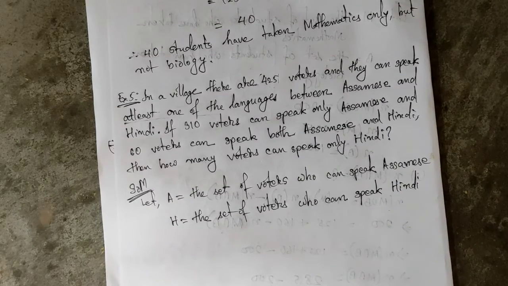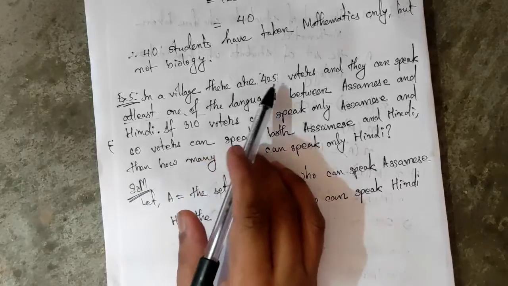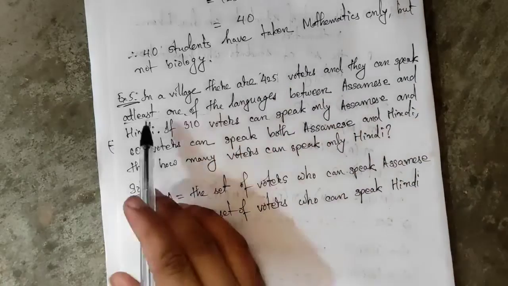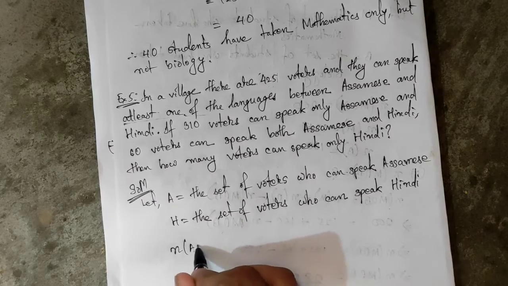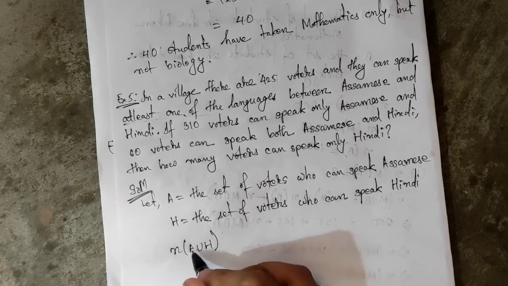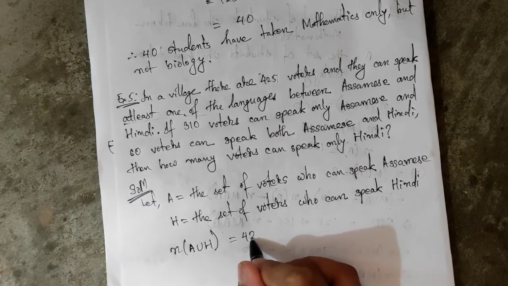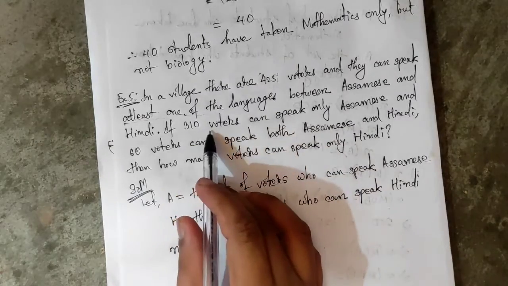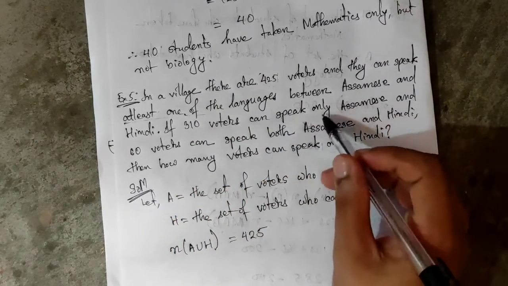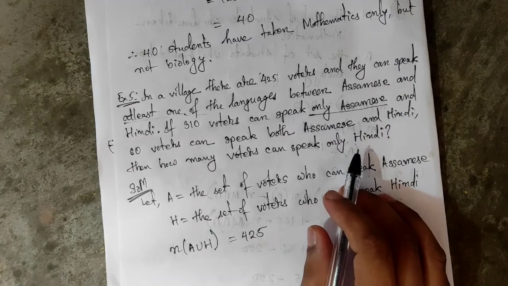Now from the question we will find what data is given and what we need to find. In a village there are 425 voters and they can speak at least one language, meaning the number of elements in A union H, both Hindi and Assamese speaking people in total, is 425. That is given. Also, 310 voters can speak only Assamese, because they don't speak Hindi.